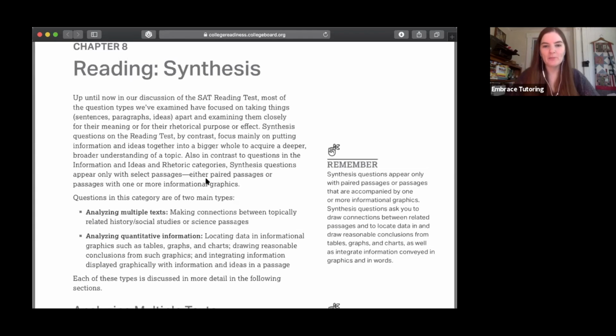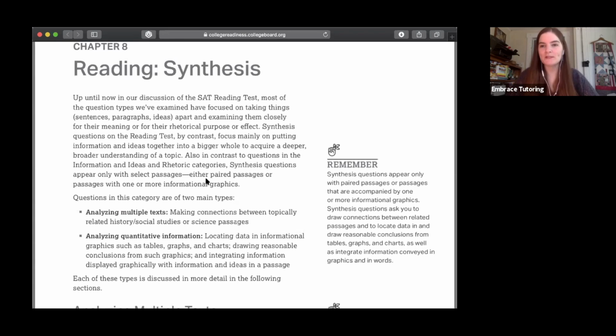This is really focused on things from the paired passage, or some passages that may have one or more informational graphics, infographics.